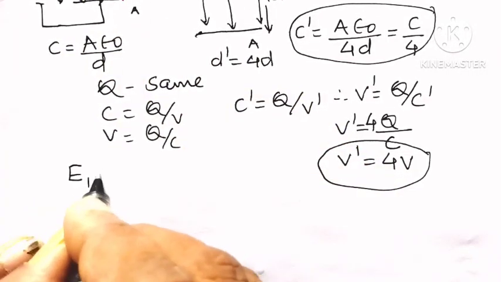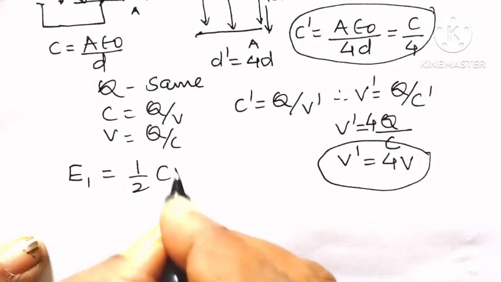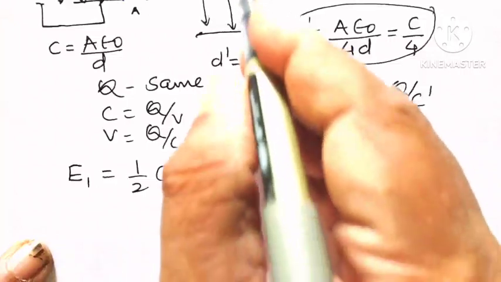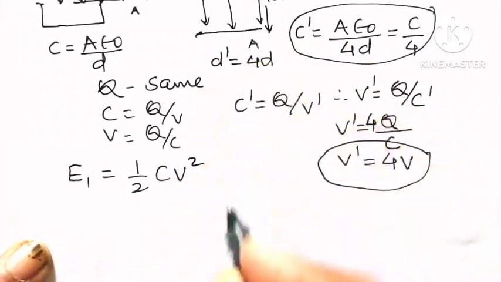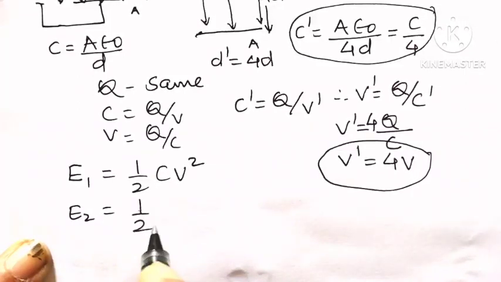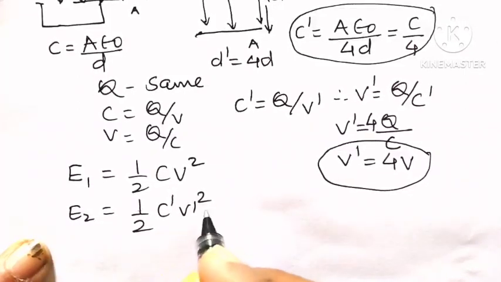Energy stored initially in a capacitor is half CV square, and the energy stored in the capacitor after separating the two plates by distance 4d is E2 equal to half of C dash into V dash square.